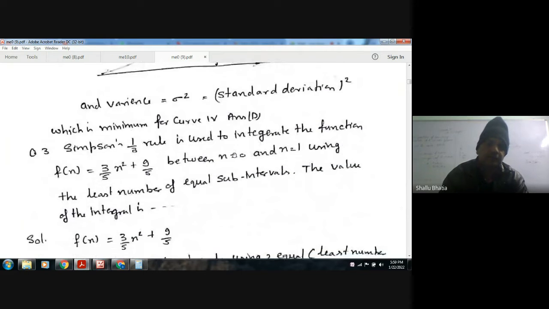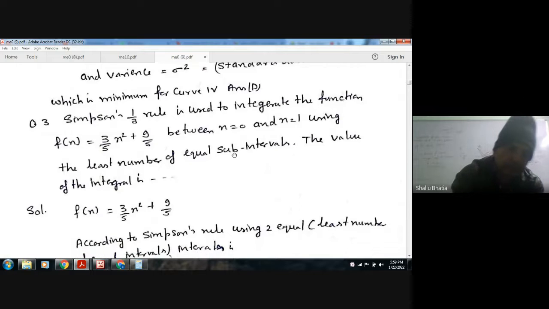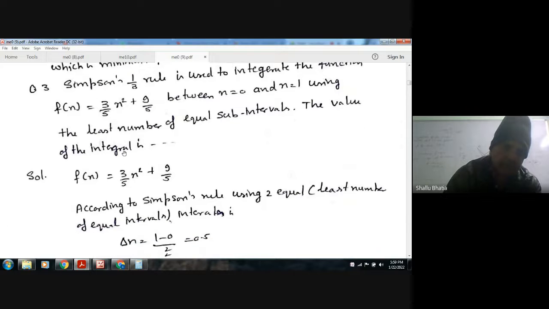Next, Simpson's one-third rule is used to integrate the function f(x) = 3/5 x² + 9/5 between x = 0 and x = 1 using the least number of equal subintervals. What is the value of the integral?